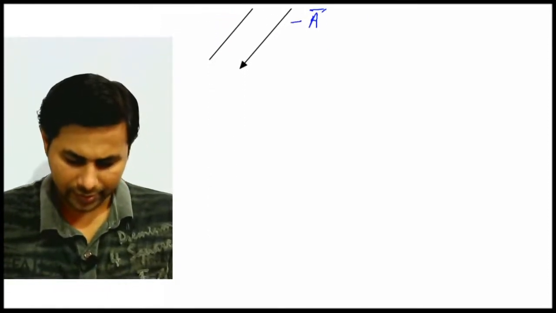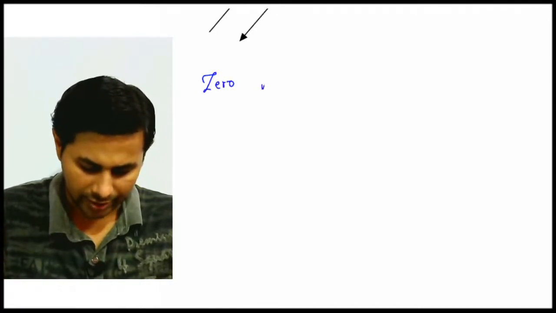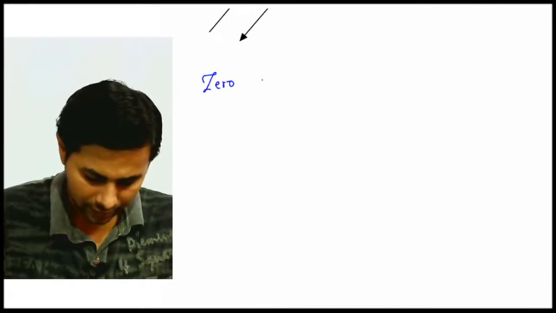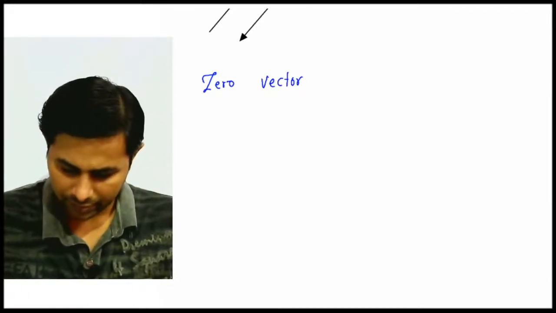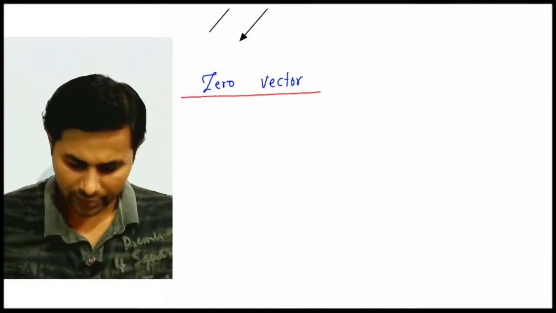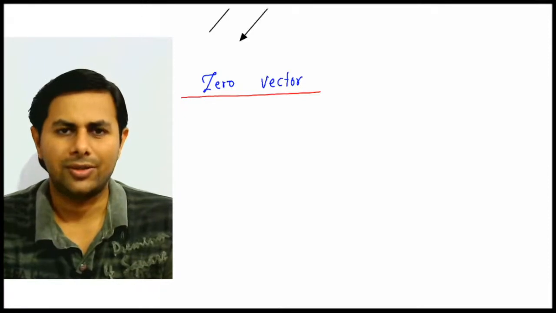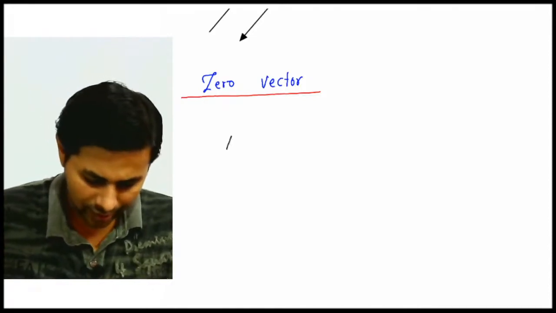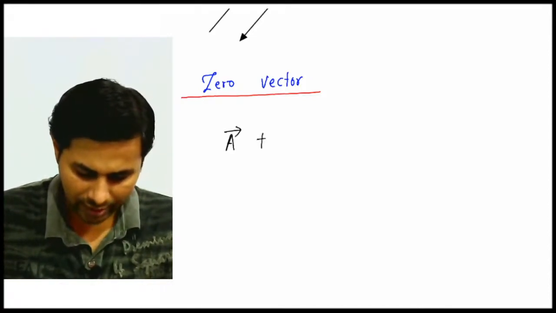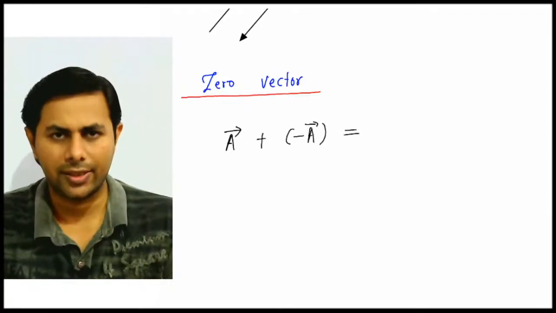The next term is 0 vector. Now, if you add or subtract two vectors, what will be the resultant? It must be a vector. So if I add A bar and minus A bar, what will be the resultant?